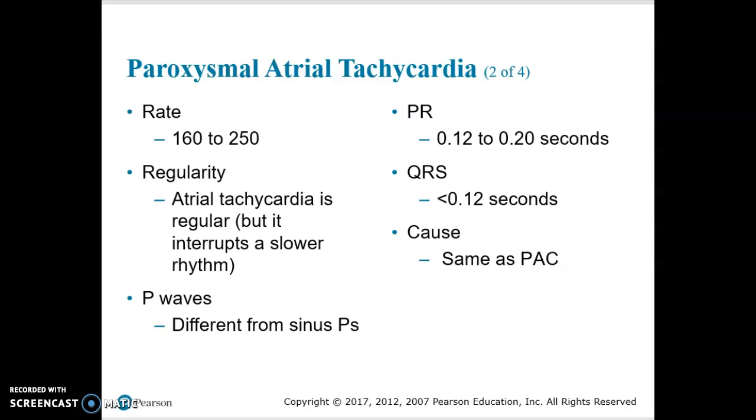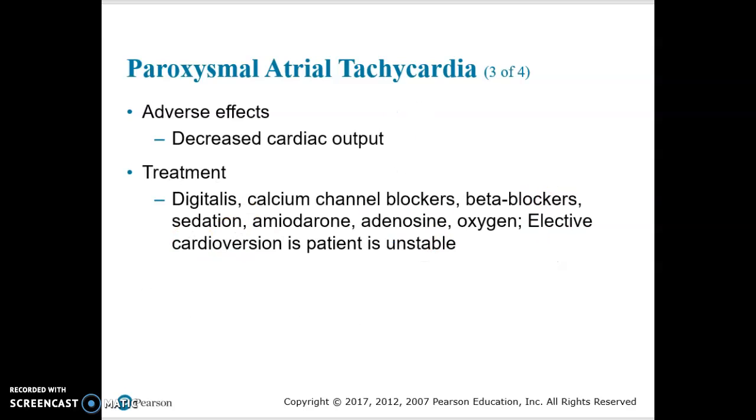In atrial tachycardia, abnormal P waves precede the regular QRS complexes. Now here's our PR interval, 0.12 to 0.20. The QRS is less than 0.12 seconds, and the cause is the same as the premature atrial complex.